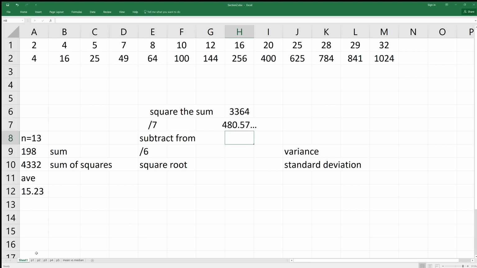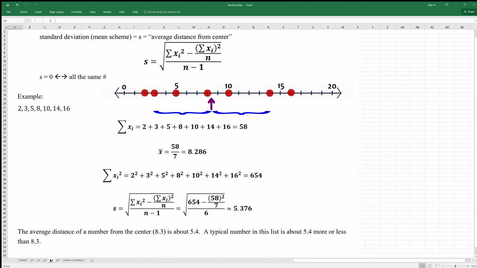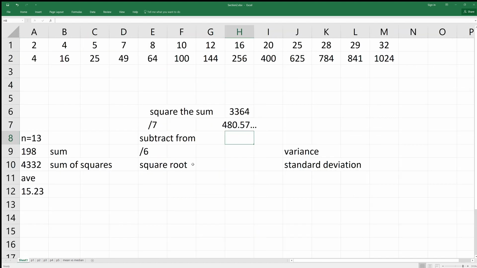If I then subtract it from 654, 654 minus answer, I'm going to get 173.428 something.